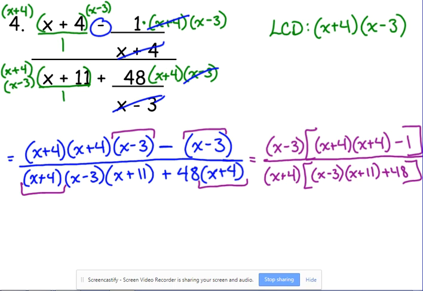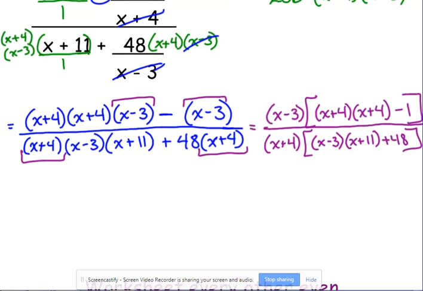Now, it would be great if we could have factored out the same one from the top and the bottom, because then we could cancel them. If both of those were x minus 3's in front, we could cancel them. If both of them were x plus 4's in front, we could cancel. They're not. Okay, so at this point, we need to simplify what I have in the brackets. Okay, we need to simplify that. So that means we need to multiply it out. Okay, I know this is getting a little lengthy, but it could have been even longer if I didn't show you all the factoring thing.